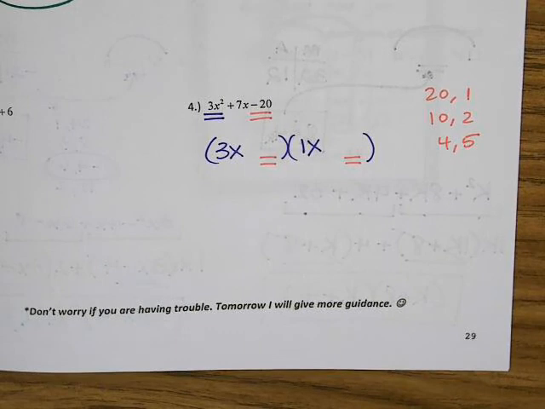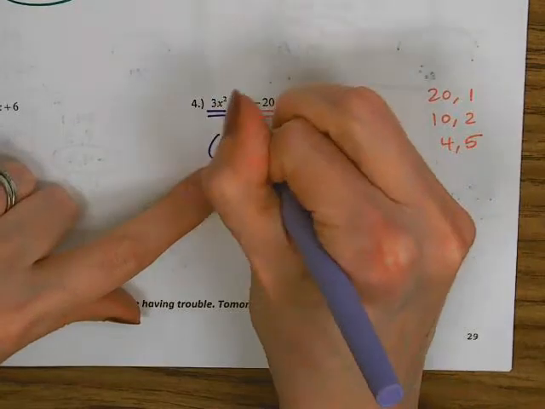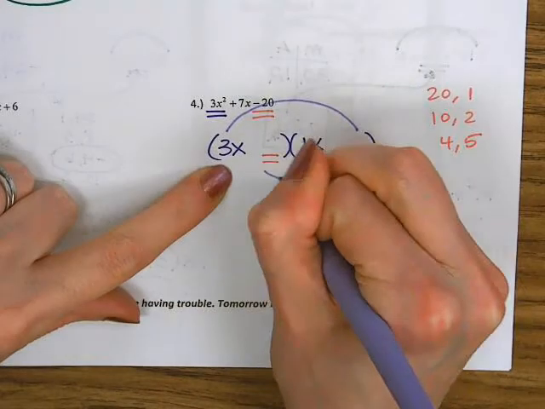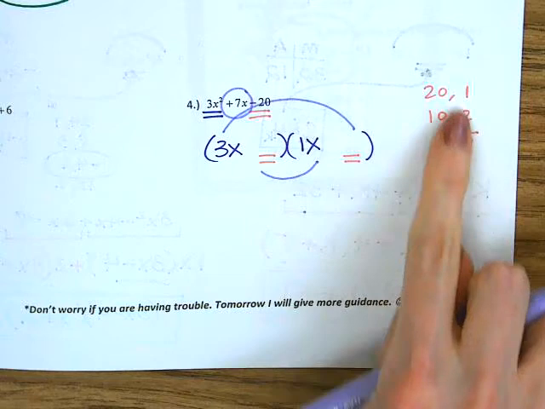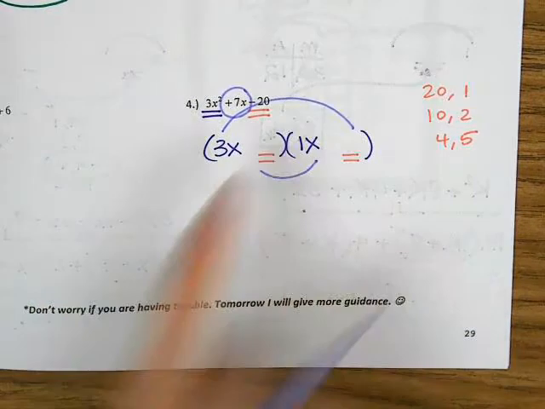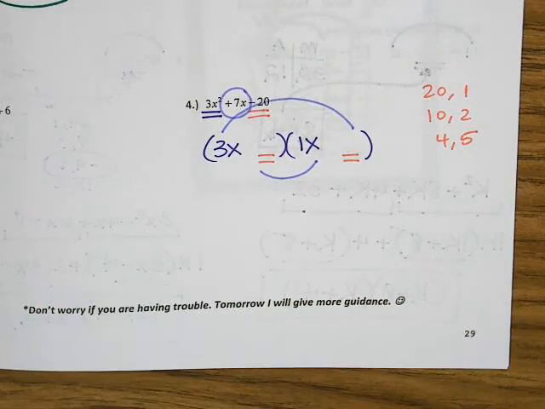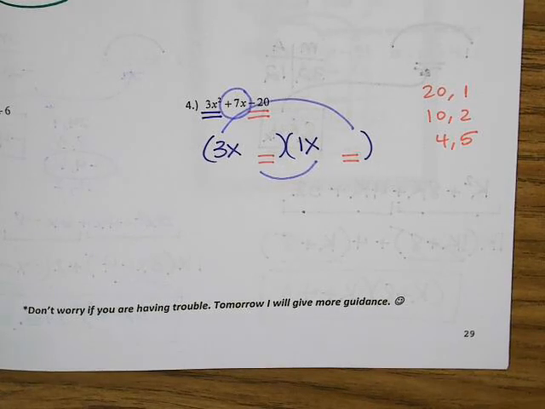Now, here's the hard part on this one. When you FOIL, the outers and the inners have to add to 7. So you've got to be careful what goes where to add to 7. Again, keep in mind one of them's got to be negative.